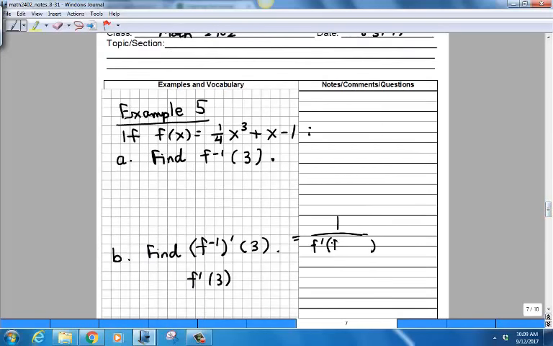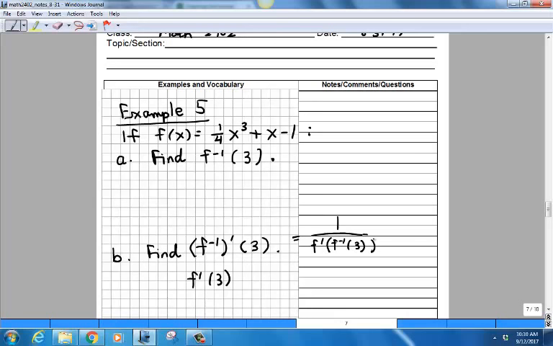So this would be f inverse of, in this case, 3. That's how I would figure out what the derivative of the inverse is at 3. It would be 1 over the derivative of the original function evaluated at the inverse of 3. So I have to figure out what is f inverse of 3 first. That's why part A came first. To figure out what the derivative is, I first have to figure out what is f inverse of 3.